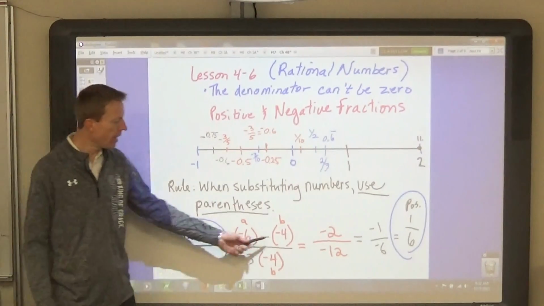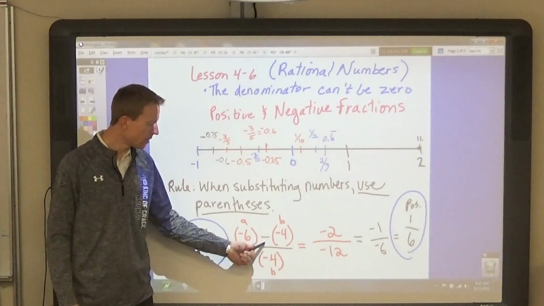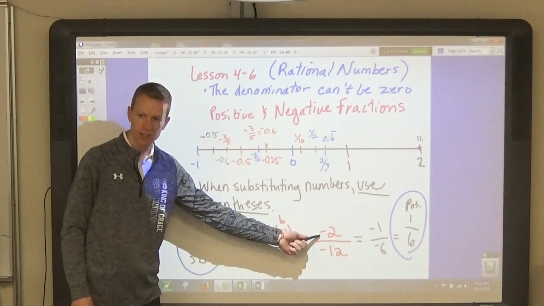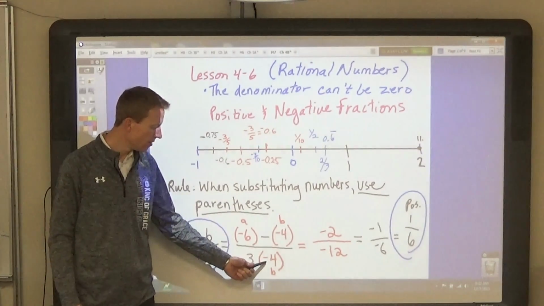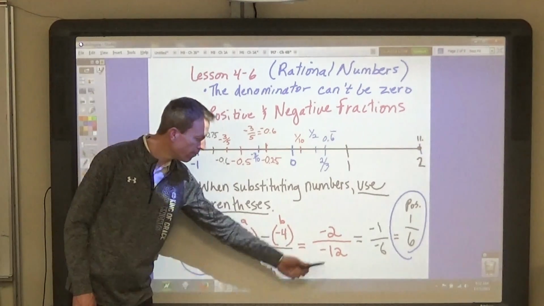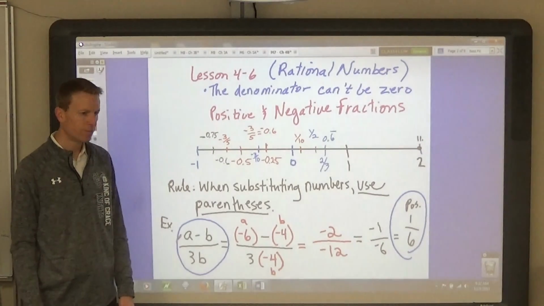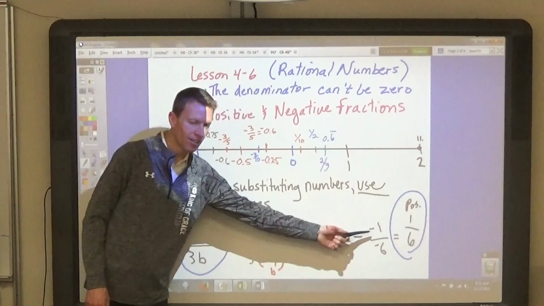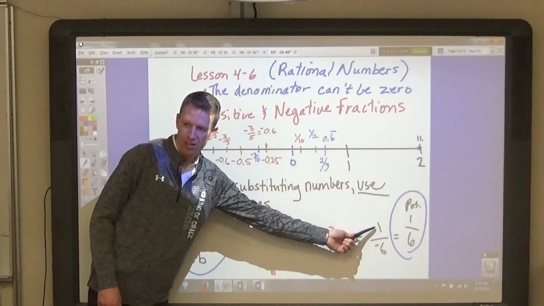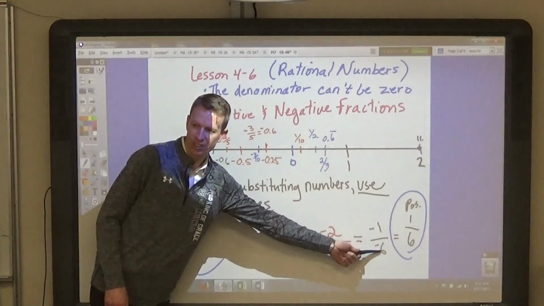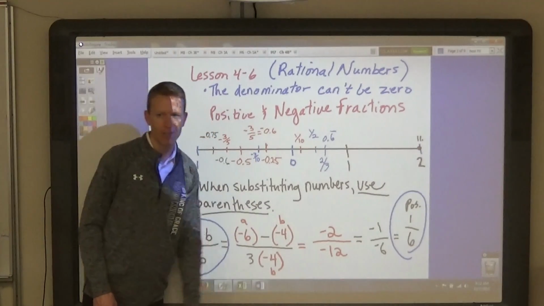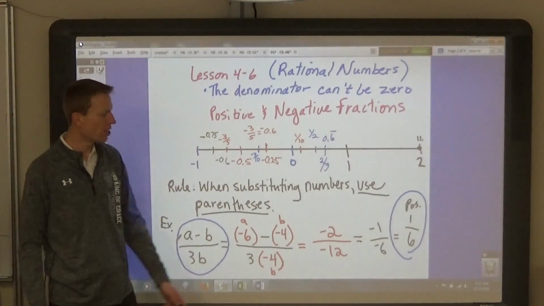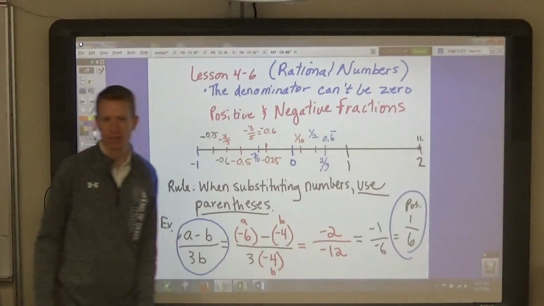Then when you simplify it, negative 6 plus 4 is negative 2. 3 times negative 4 is negative 12. And then reduce it. Negative 2 over negative 12 is really 1 over 6. Negative 1 over negative 6, which is positive 1 over 6.